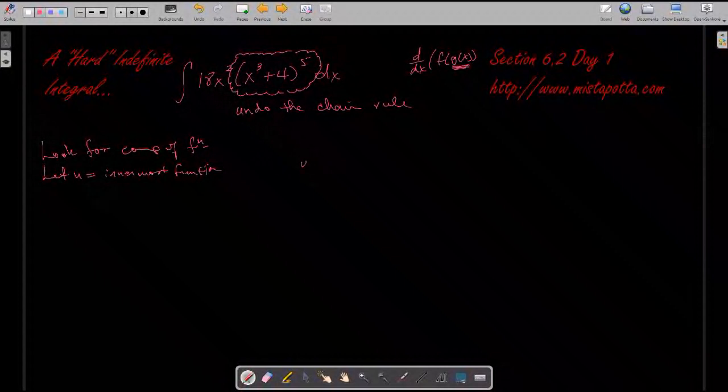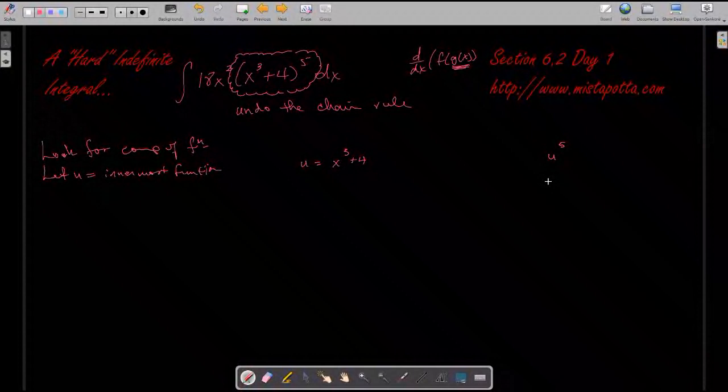So if I let u be x cubed plus 4, then what I'm really dealing with is u to the fifth. And the idea of taking this complicated function within a function and being able to rewrite it as a simple power is going to be very, very powerful for us.